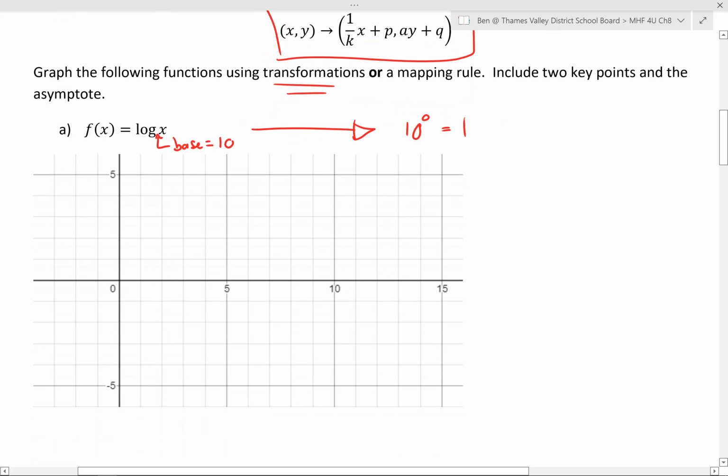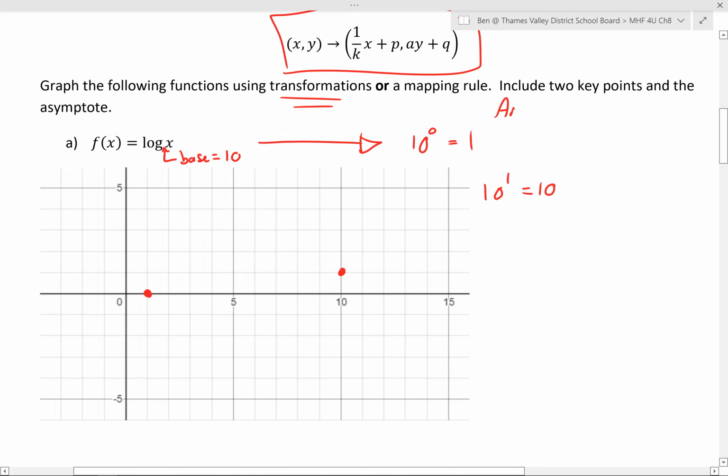That means that where x equals 1, y will equal 0. All right, I also know 10 to the exponent 1 will equal 10. Okay, great. So that means where x equals 10, y equals 1. We call these two anchor points.